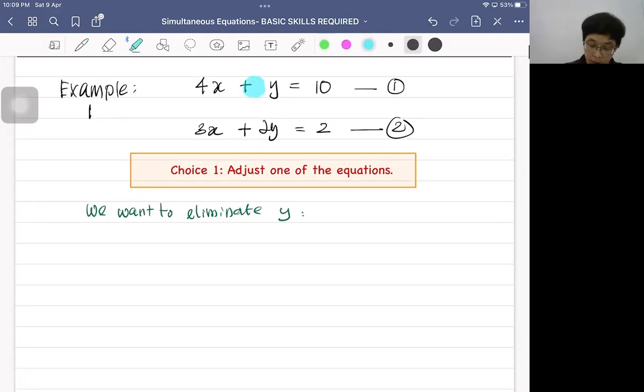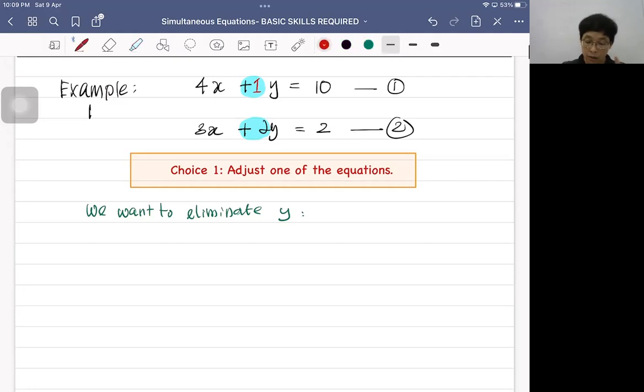In maths, we know that when there is no number in front of a letter, that is actually one piece. And for this equation, you have 2y. Then we know that we can just adjust equation 1.